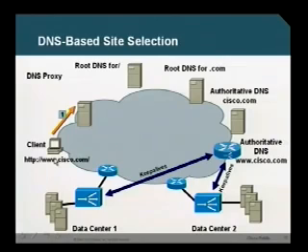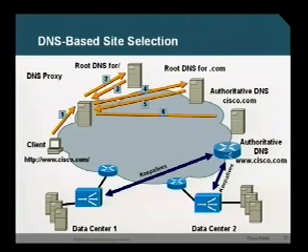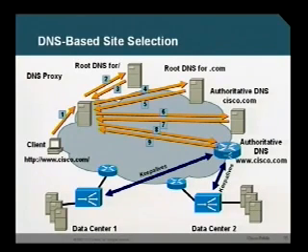The client initially goes to the DNS proxy, whether for the service provider or within the enterprise, which goes to the root. The root responds back with the authoritative for .com, then the authoritative for Cisco here, and then to the authoritative DNS server, and we get the final response back.